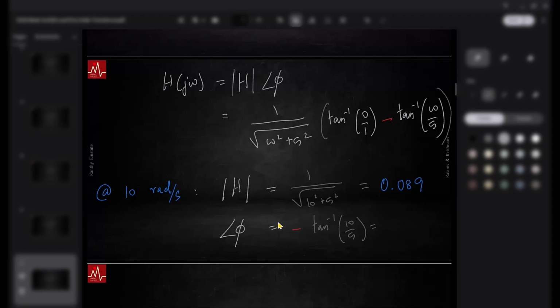What is the phase? This is tan inverse of 2. Okay, my calculator is not working, the battery is dead.